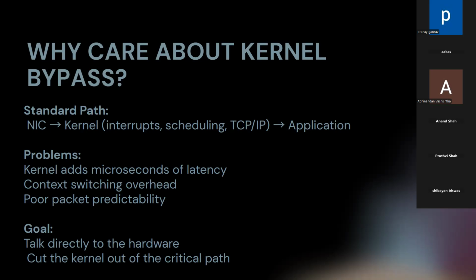Any kind of IPC introduces latency. And what we want to do is avoid all of that latency and avoid any kind of context switching overhead. So we want packet predictability. We want that at any point, when the packet is received on our network card, our application can directly communicate with the network card, and it does not have to go through all of this operating system management.